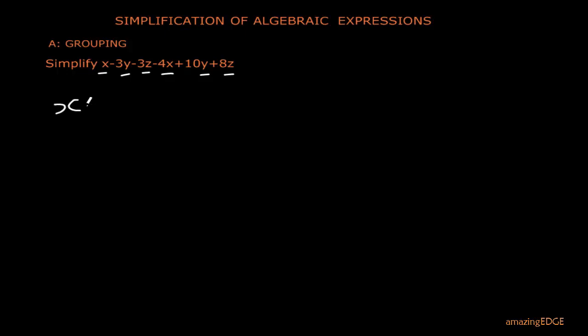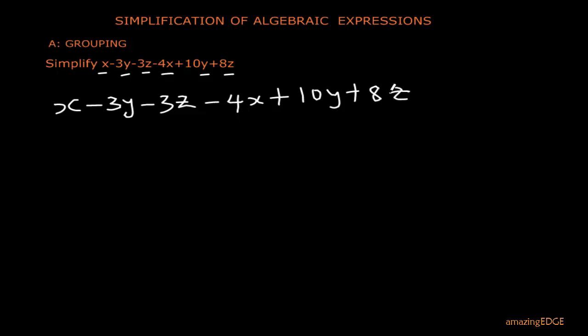So x minus 3y minus 3z minus 4x plus 10y plus 8z. So this will be equals to, so we bring the x together. So we have x here, we have x here. So we bring it together. And when we do that, that will give us now x minus 4x.